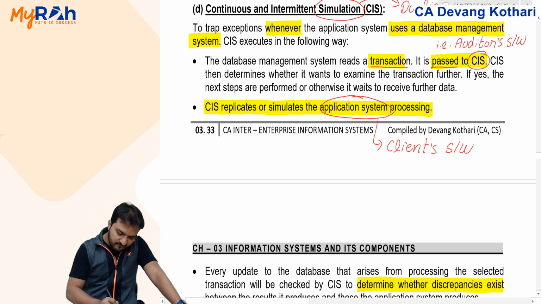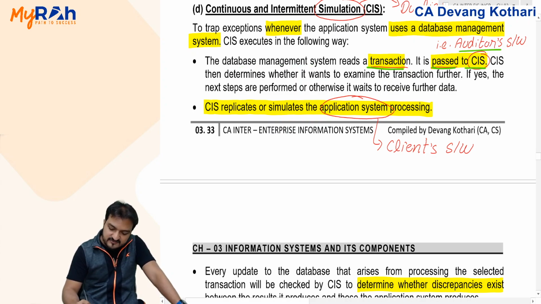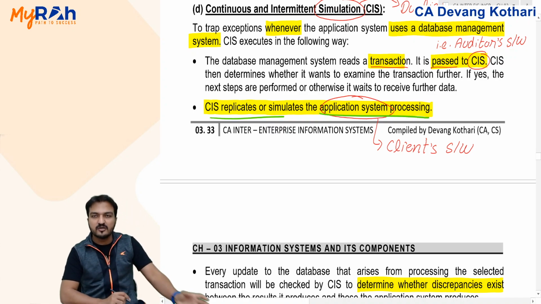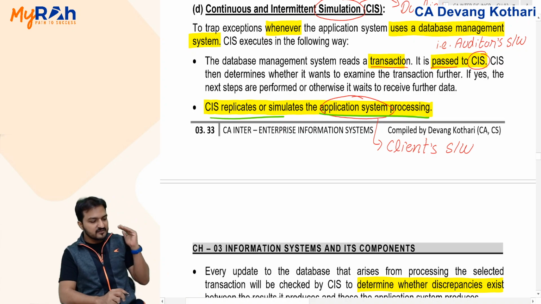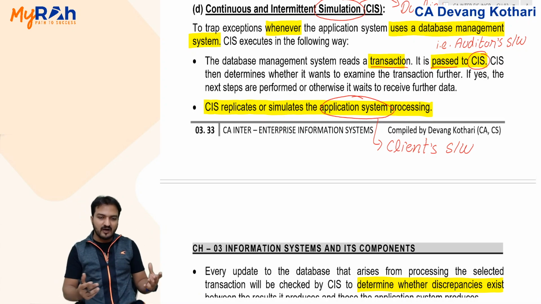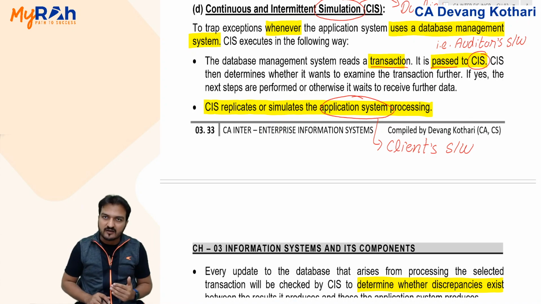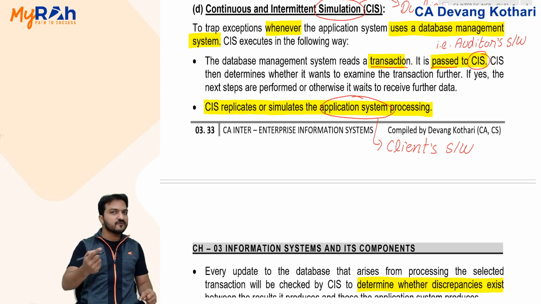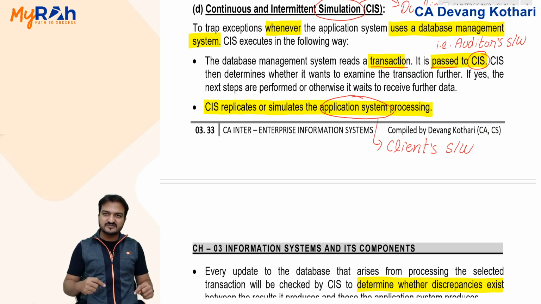What happens is that when your DBMS gets a transaction, it will also pass that transaction to the CIS. CIS is my software, auditor's software. My software will replicate the same kind of processing that your software does. Say if your software is a salary calculation software, then my software will also calculate salary, your software will calculate salary, and this CIS will compare both the answers.